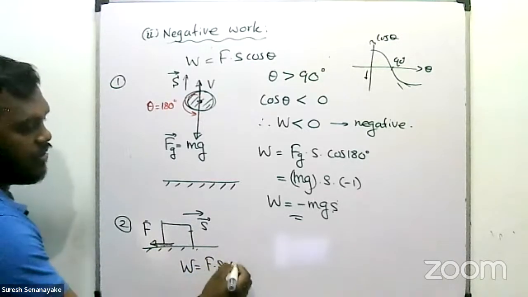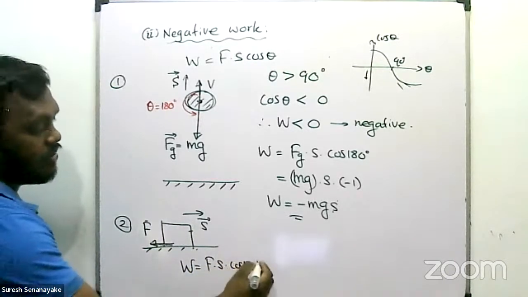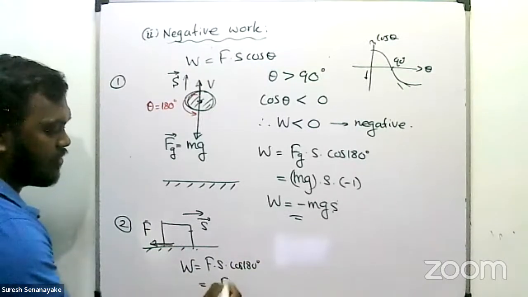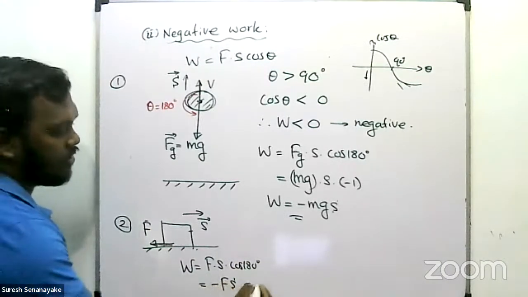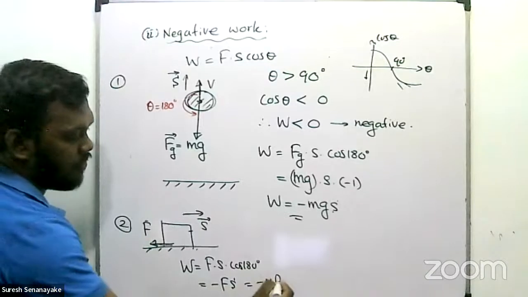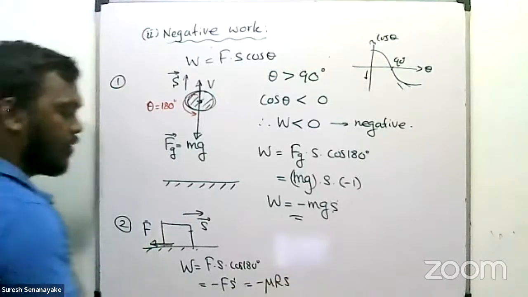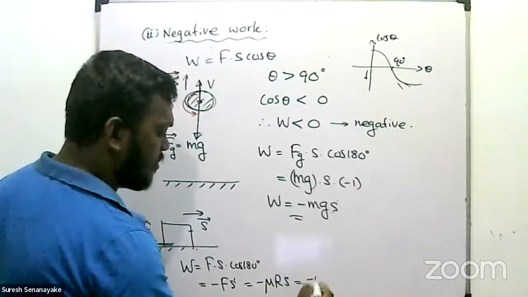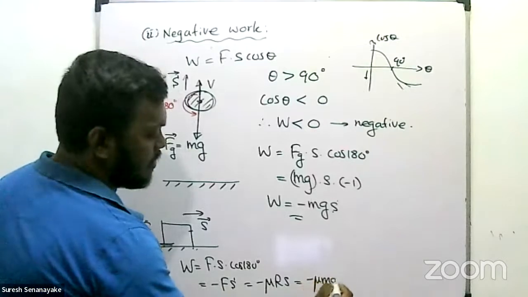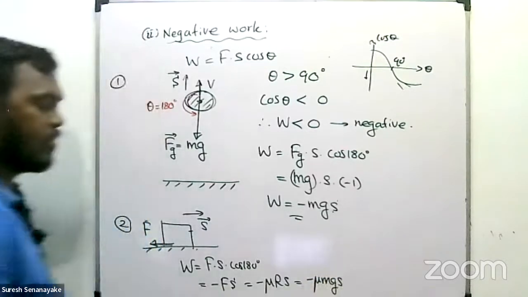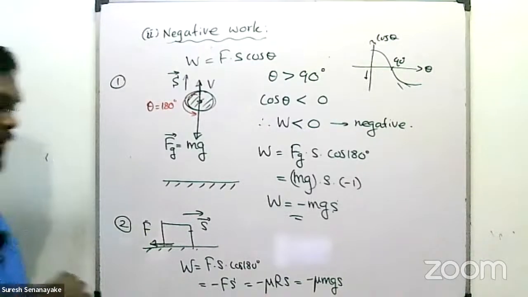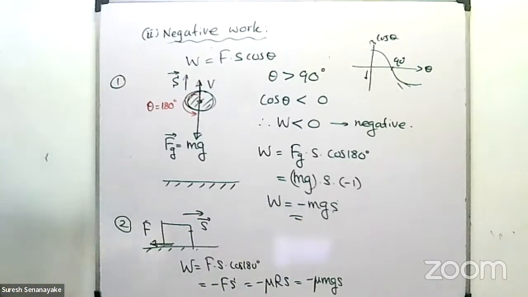Yes, also 180. So it is minus f s. Friction you can write as mu R, so minus mu R s. You can say this as minus mu m g s, when the body is moving under the friction.